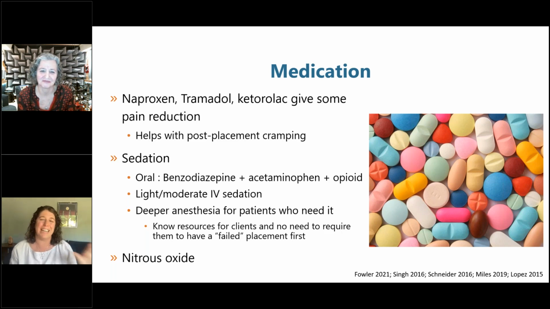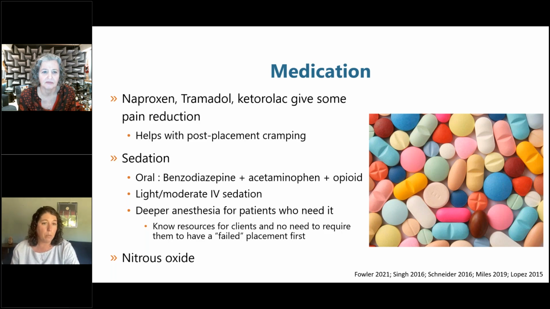So for that reason, I sometimes just go with a short-acting benzodiazepine for clients and send just that in to not raise a whole bunch of other flags. But if it's an option to send in a short-acting benzo and something like Tylenol with codeine, that combination can be quite helpful for people.